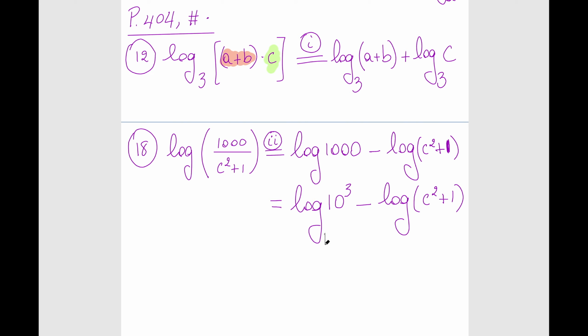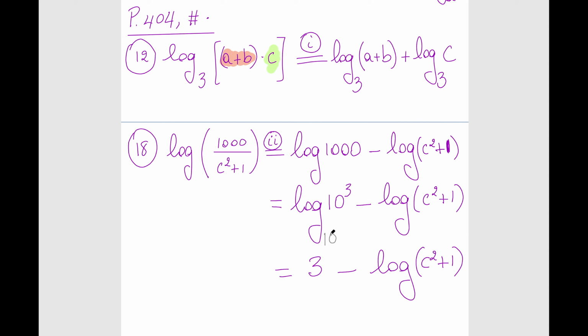So look, log base a of a to the x: log base a back to back with the exponential function with base a is a neutral action, and the outcome is only that exponent. So this is 3 minus log base 10 of c squared plus 1.